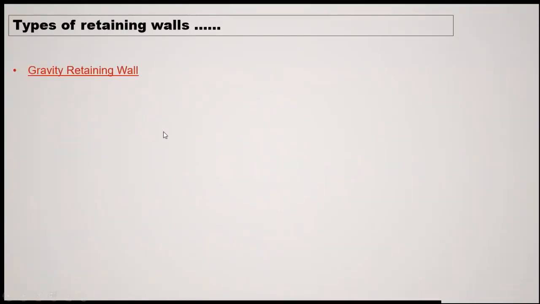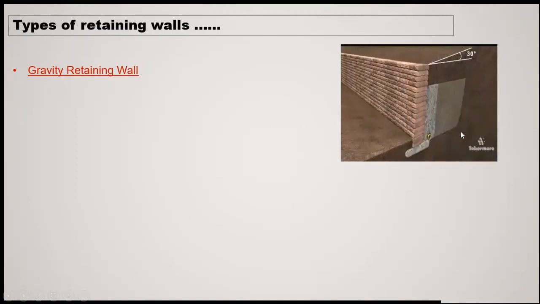Now, the simplest type of retaining wall is the gravity retaining wall. From the name of the retaining wall, you can clearly understand that the major effect is gravity, that means the weight of the retaining wall. If you see here, this wall is a retaining wall, and the backfill is there. This side is the toe side, this side is the heel side.